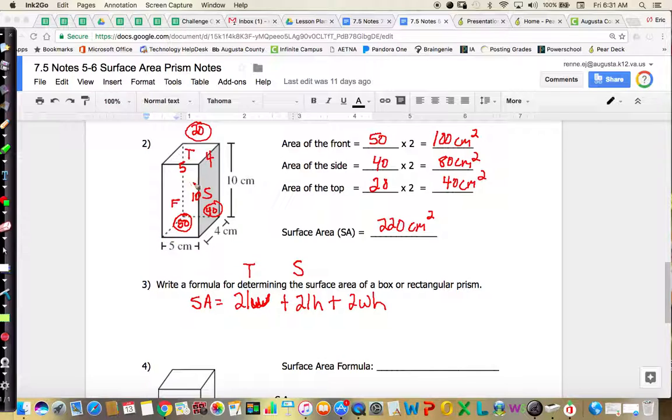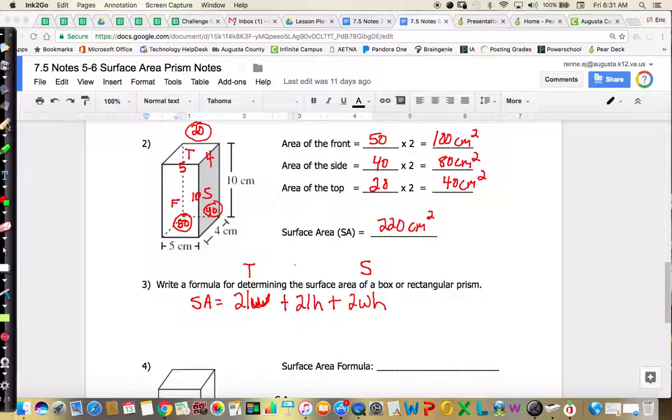Here's the length, here's the width, and here's the height. And folks, I just got that backwards. Sorry about that. The width and the height is the side. The front is actually the length and the height. Sorry about that. So let's change that really quick so you don't get confused.